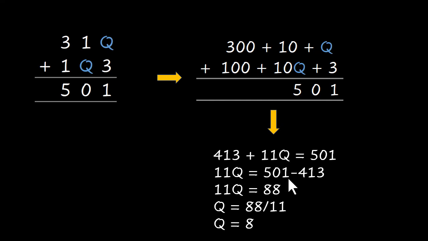You simplify this, you get 11Q equals 501 minus 413, which is 88. And then you can say that Q is 88 divided by 11, which means Q is 8. This is a method that uses general form to solve. This is really useful when the problem is very complex. But in this case, it gives the answer 8.